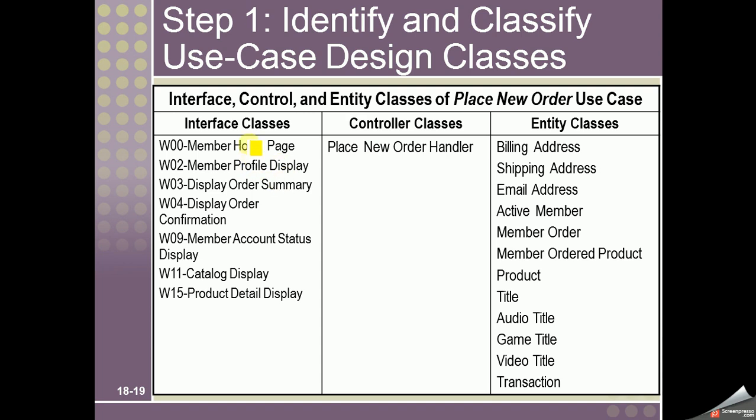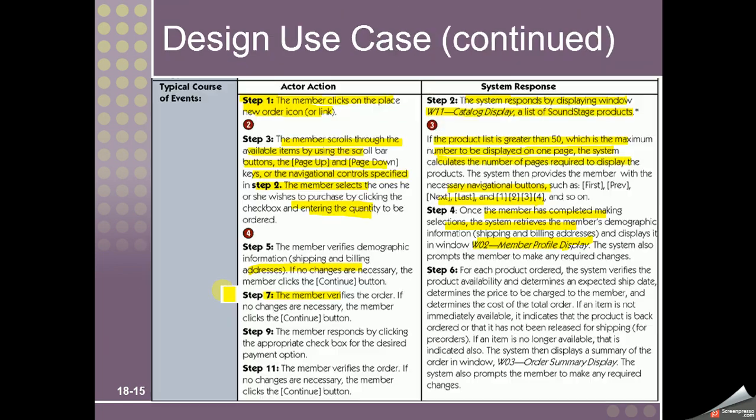So here we identify and classify all the classes, interface, control, and entity classes of the place new order use case that we have seen. So these are interface classes: member homepage W00, W02 is member profile display, disorder assembly, and so on and so forth. If I take you back over here, like here we had seen W11, it is one use case class.